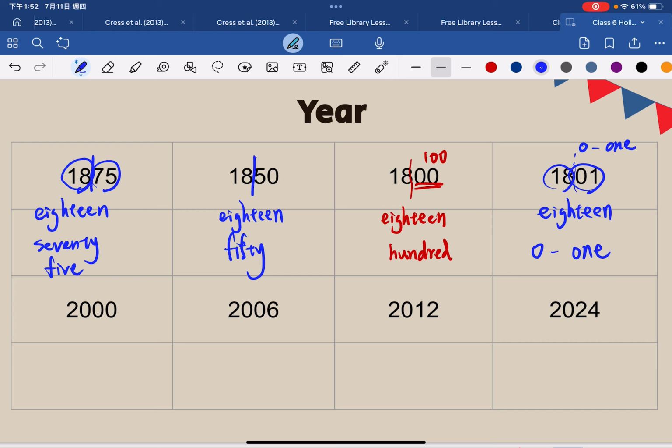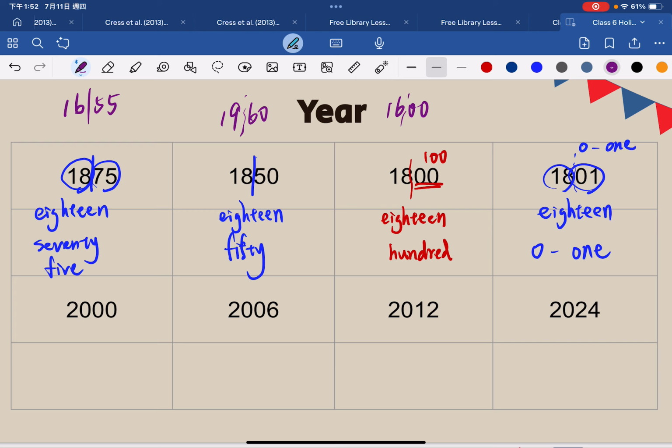So let's do it again. If I write a number, please use the same rules to say the number. 1875. If I put 1655, it's called 16 55. What about 1958, or maybe 1960? Separate into half, and we call it 19 60. This one also separates into half.